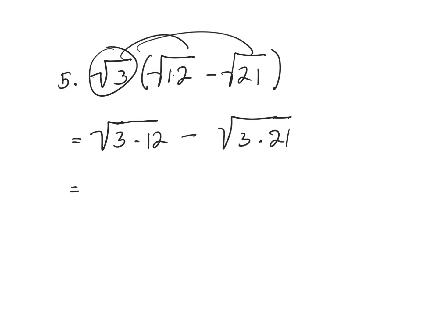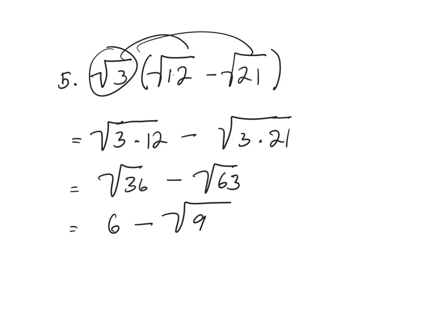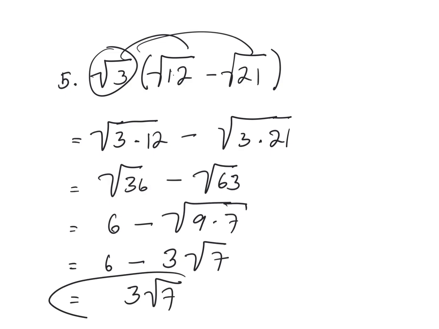Okay, so 3 times 12 is going to give you 36. 3 times 21 is going to give you 63. Now the square root of 36 is 6, but the 63 can also be written as 9 times 7. Therefore we are going to have 6 minus the square root of 9, which is 3, then root 7. So the final answer here is 6 minus 3 root 7. This is your final answer here.